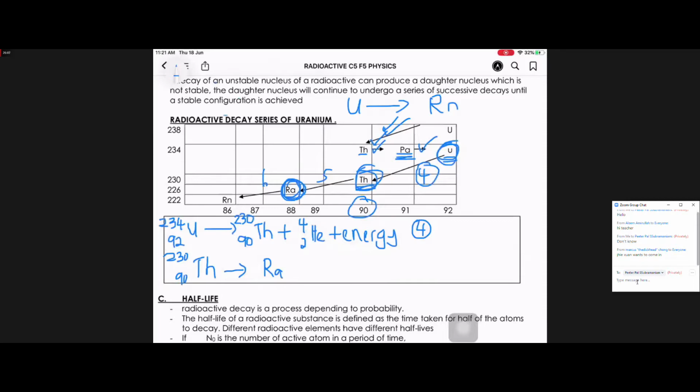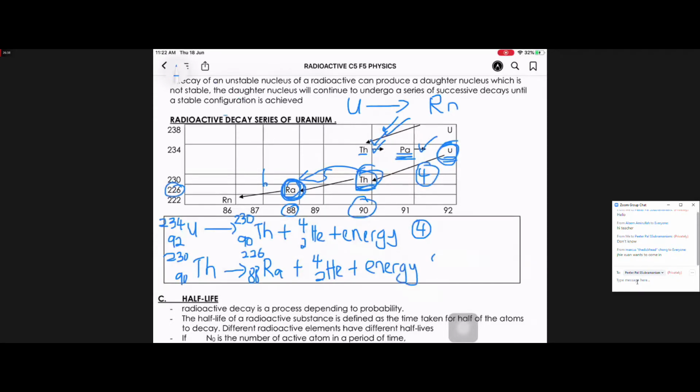What's the nucleon number? 226. Proton number 88. Okay, what was emitted when thorium changed to radium? Alpha. Alpha plus energy. Okay, thank you.